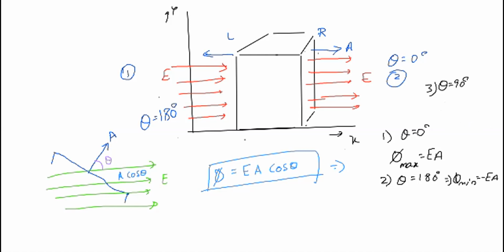You can take it down. Cos 0 is equal to 1, cos 90 is equal to 0, and cos 180 is equal to minus 1. Remember these three cases. This is the important flux formula: phi is equal to EA cos theta. Let's take it down.